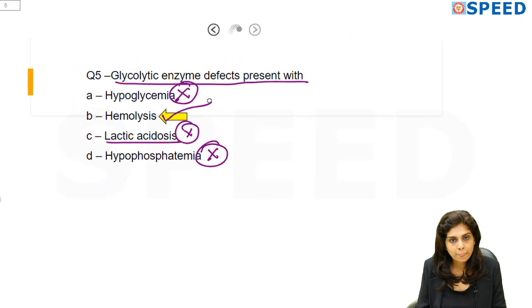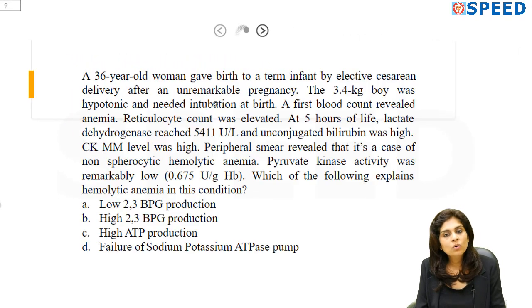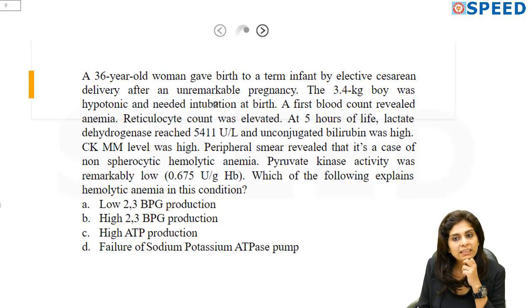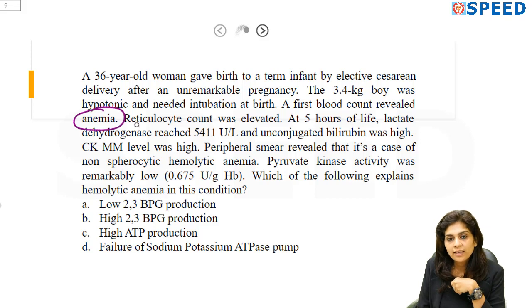Hemolysis. A 36-year-old woman gave birth to a term infant by elective cesarean delivery after an unremarkable pregnancy. The 3.4 kg boy was hypotonic and needed intubation at birth. A first blood count revealed anemia. Reticulocyte count was high.